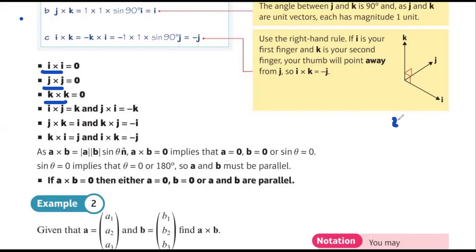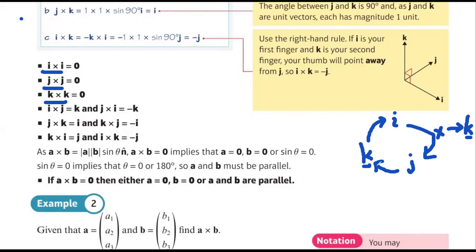But for perpendicular vectors, you can find what the vector n is using this method. If you want to find I cross j, the answer is k.